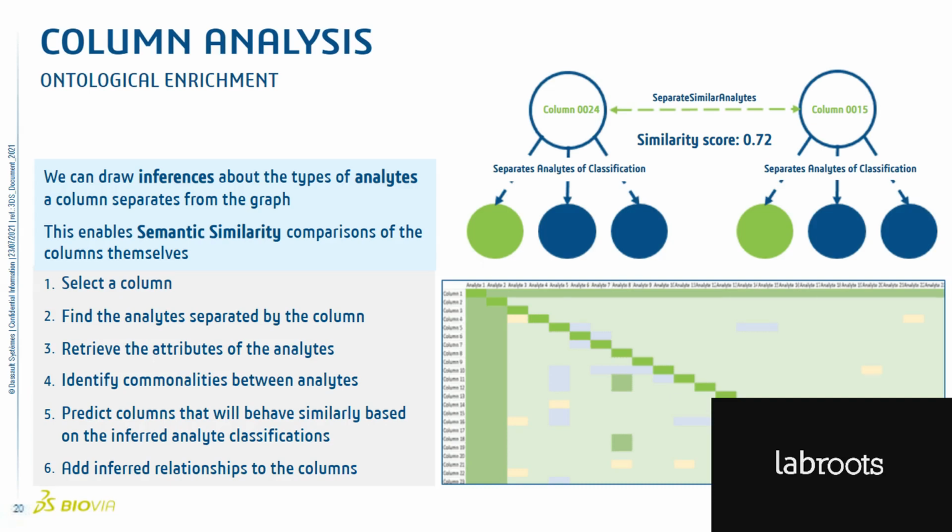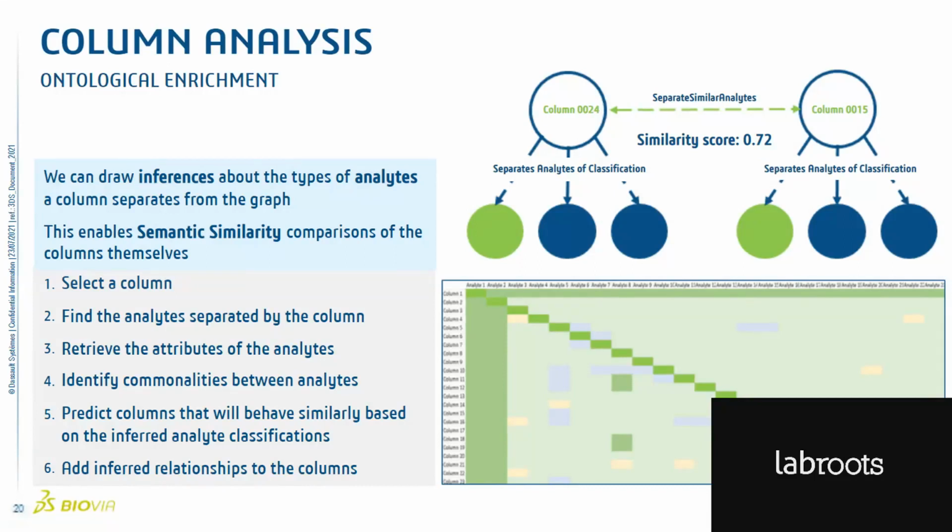For the proof of concept, we wanted to focus just on selecting the right columns rather than the whole development of the method. And then the idea is that once you have that information and you can prove that your data model works, then you can add additional information to the column. And then in the future, when you have new compounds, you're able to go straight to the columns and find out which ones would be able to work to separate out the compounds of interest.